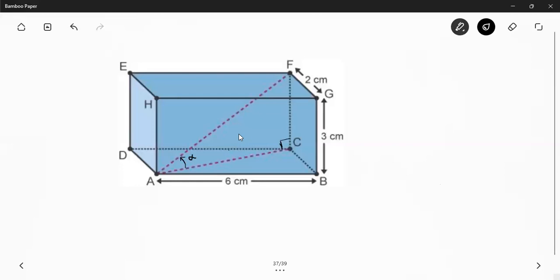What is that right triangle? This triangle is A, C, F. Our focus now is to find everything that we can about the lengths and the angles of this right triangle. Now, how to do that?